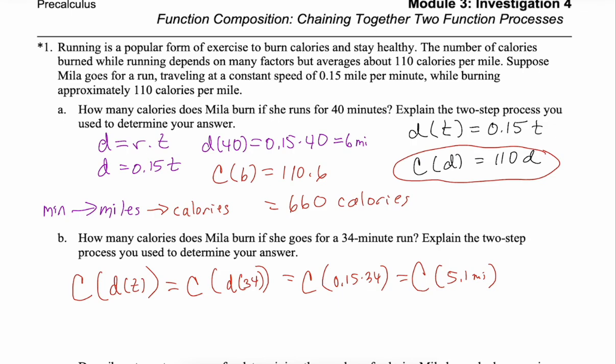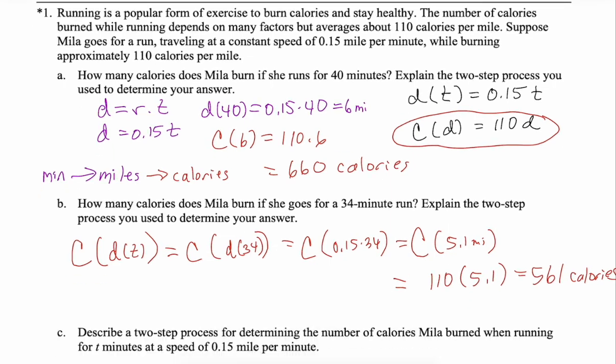Do you see how I worked from the inside out? What is the distance for a 34-minute run? 5.1 miles. Now I can implement the calorie formula. So this is going to just be 110 times 5.1. That is 561 calories. So what function composition tells us is that we're going to work our way from the inside out, okay?